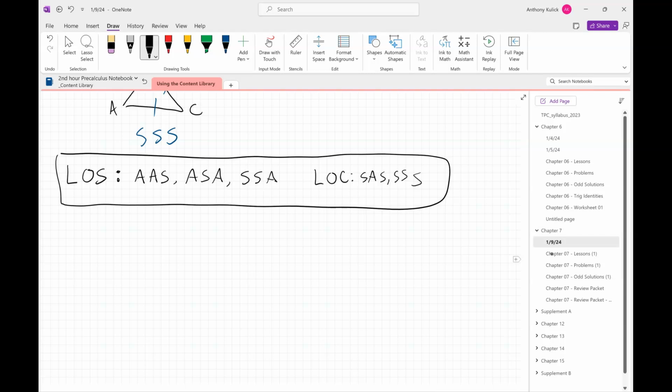That would be something I would put on my half sheet of notes for sure, because I'd want to make sure I know when to use which formula. Okay.